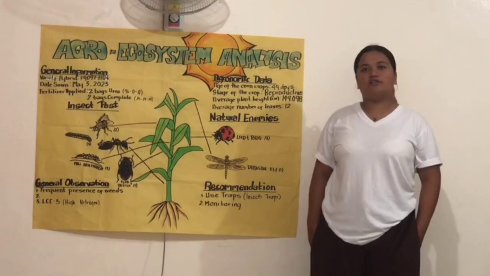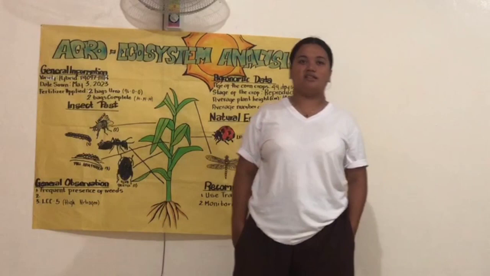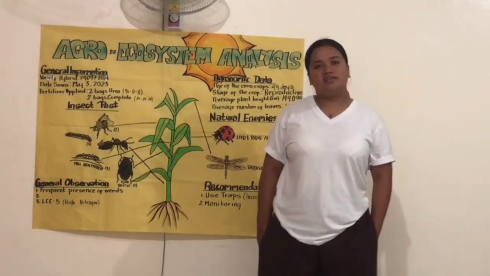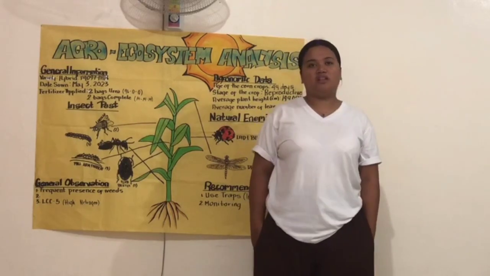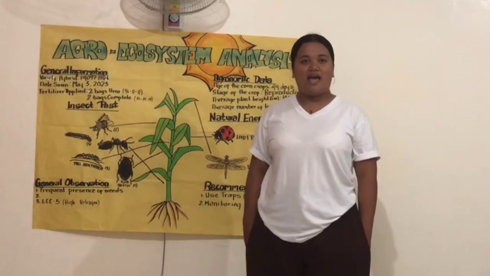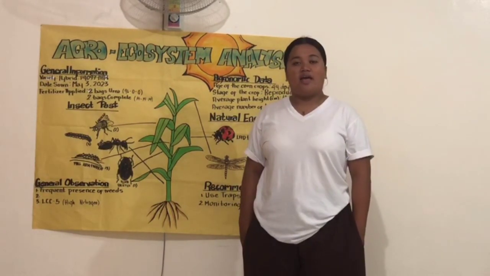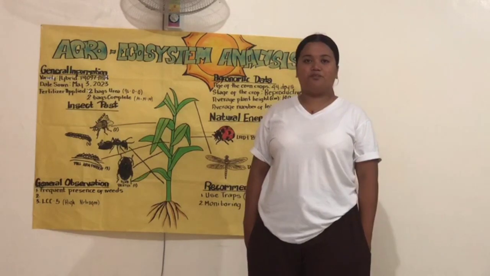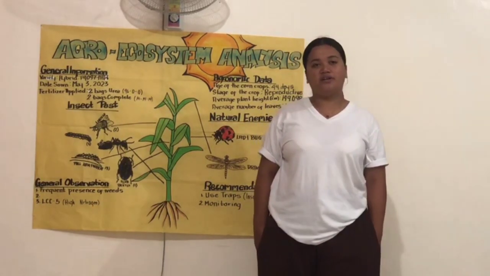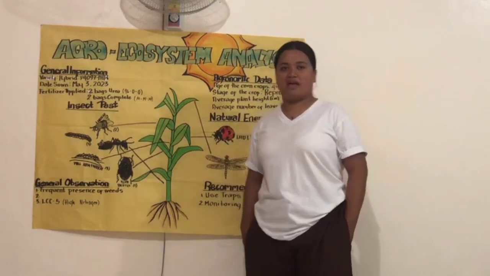A high leaf color score indicates that the corn plants are likely receiving adequate nitrogen, an essential nutrient for chlorophyll production. Nitrogen is vital for overall plant growth and development, as it is involved in protein synthesis, enzyme activities, and various metabolic processes. And the healthy leaf color further confirms that the corn plants have sufficient nitrogen supply.